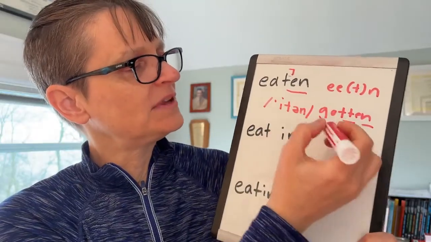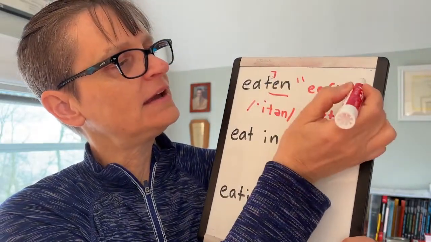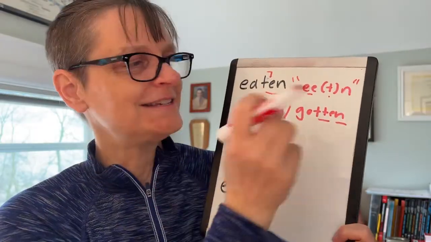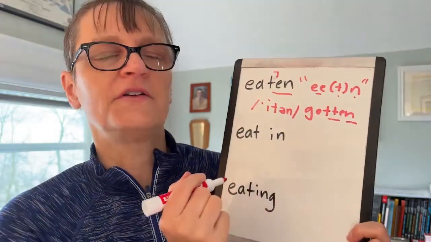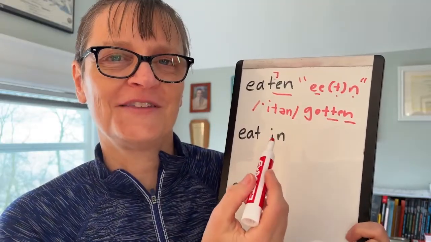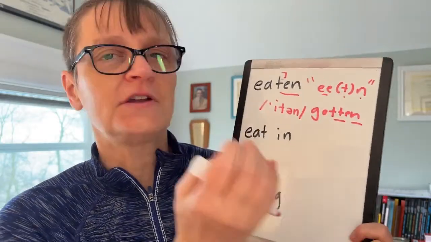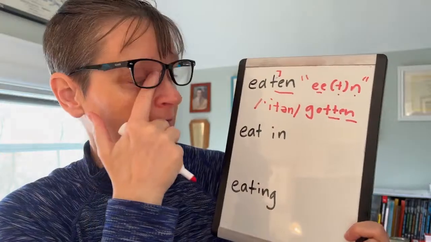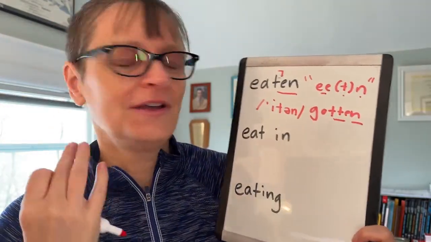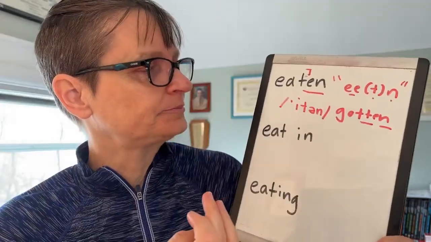I would say it's probably easier to think of it this way: the E sound, unreleased T, and the N sound, no other sound. So sometimes interpreting what you hear and what you see in the dictionary can be challenging. That's another reason that I like to cover and respell these words in a way that might make more sense to you as you're thinking about how to say it.